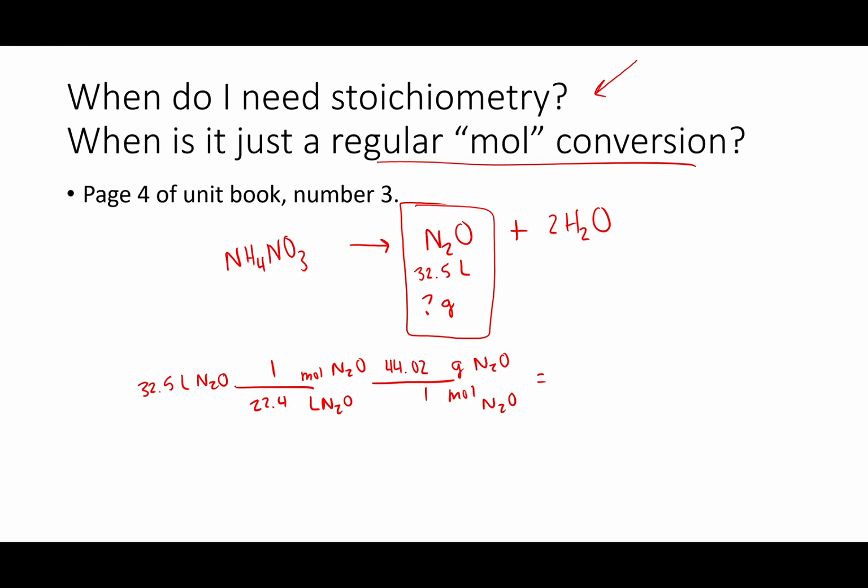You guys can divide and multiply and get your final answer with sig figs. So what I want you to see is here, I did not need a mole-to-mole ratio because I worked within the same compound. All the other problems on page 4 are a mix. Some of them you only need mole island like we did in Unit 7. The rest are going to need your mole-to-mole ratio.